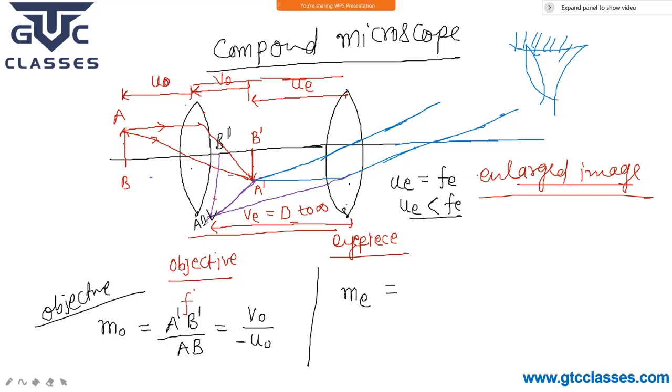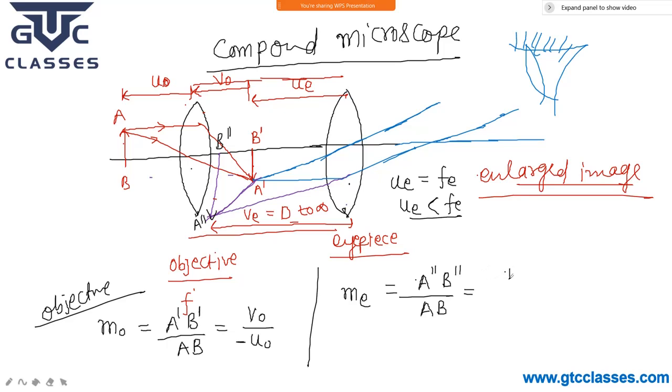Yes, sir. Correct. So now from here, what are you going to get? We will write the magnification as A double dash B double dash divided by AB. What will A double dash B double dash be?